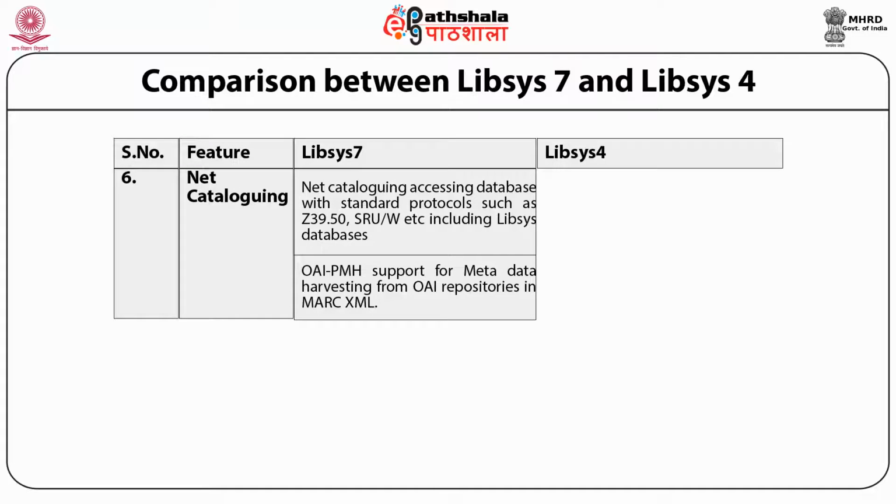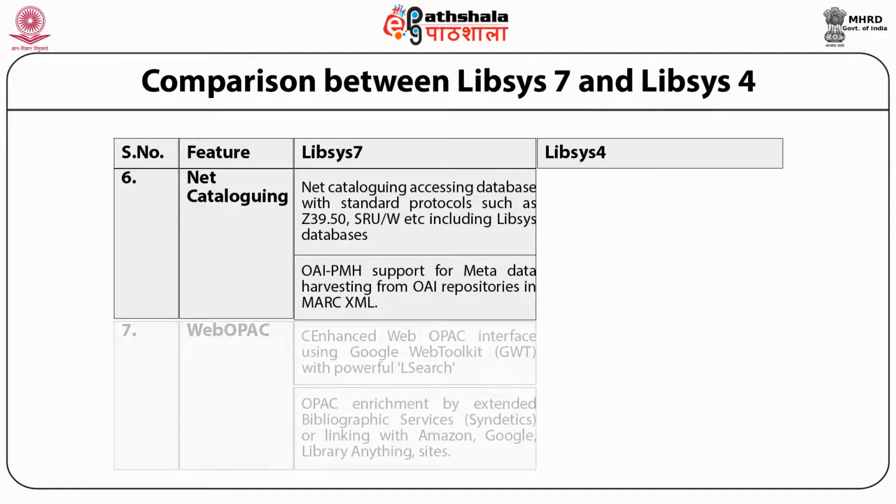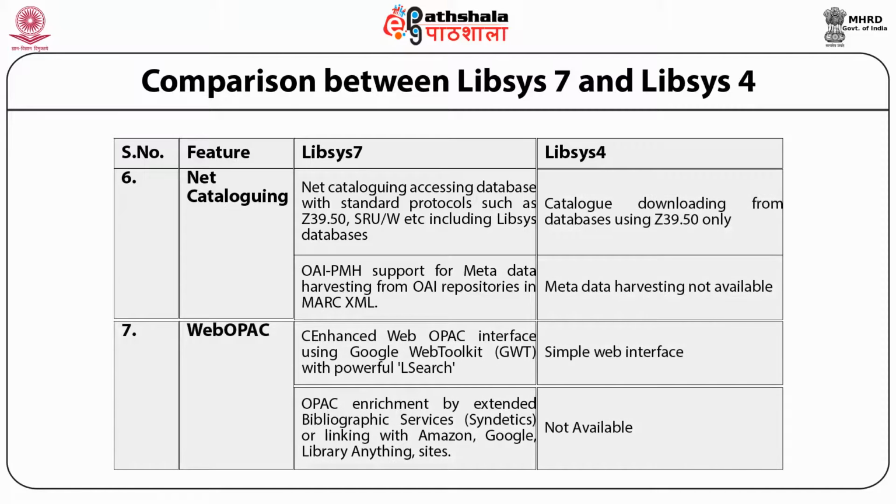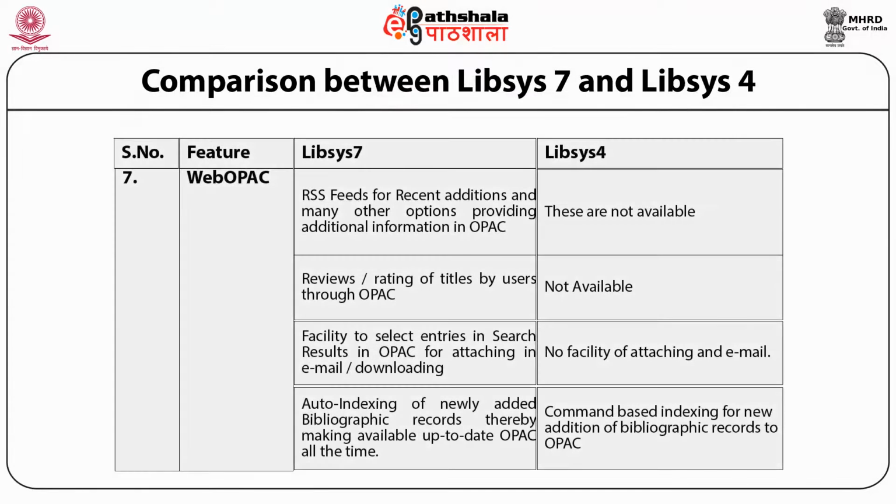It supports OAI-PMH for metadata harvesting from OAI repositories in MARC XML. Libsys 7 has an enhanced and enriched web OPAC interface using Google Toolkit with powerful LS search. Libsys 7 provides RSS feeds for recent editions and reviews and rating of titles.